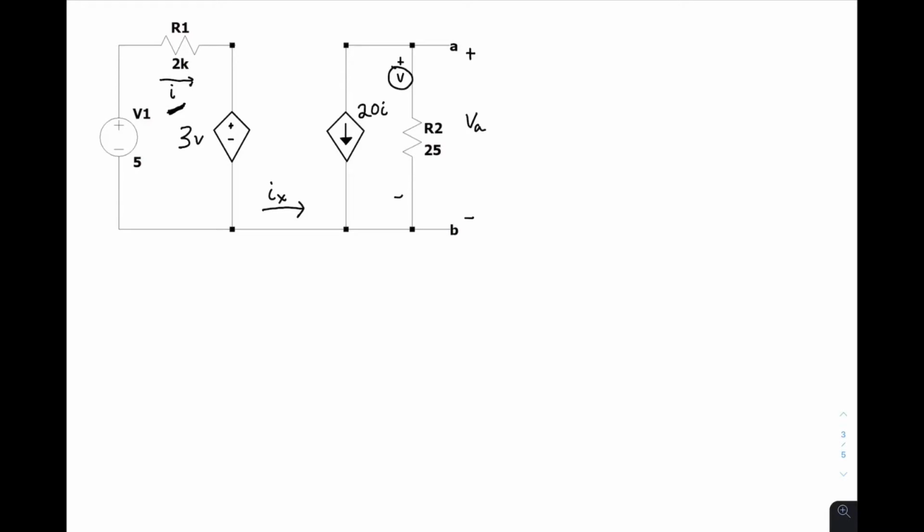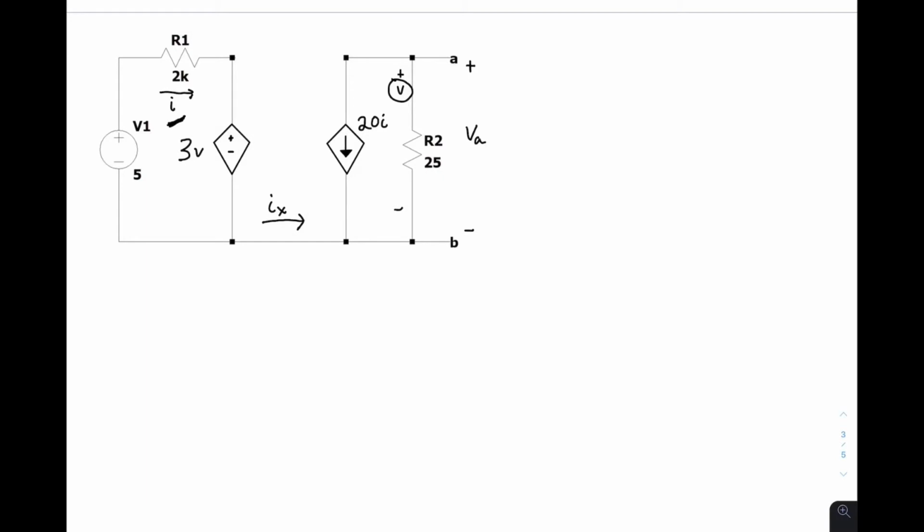However, in this case, if we apply a test voltage source, we will know the voltage of the dependent voltage source and hence the controlling current, I. So we're going to draw in our voltage source. We're going to denote it as VT for test. And then we know we'll have a current I of T.